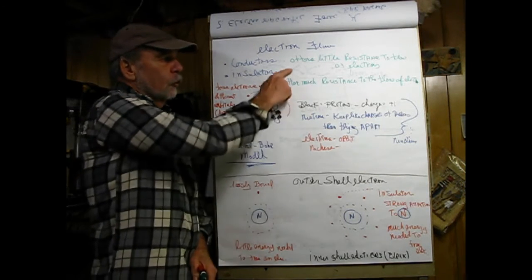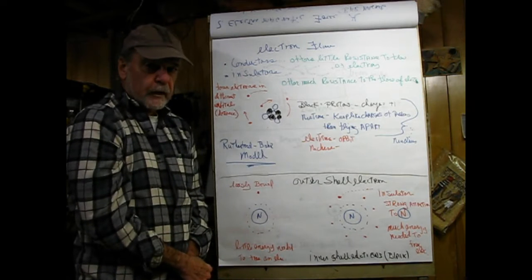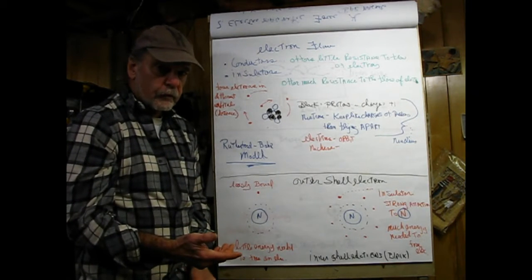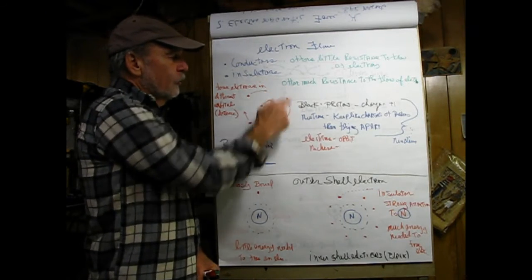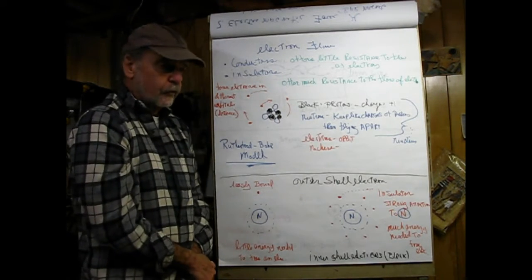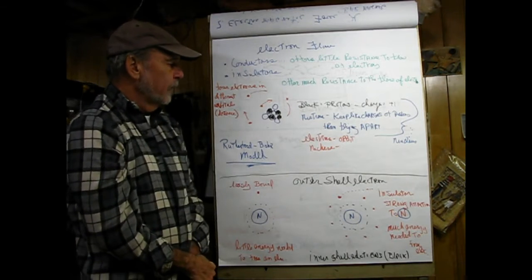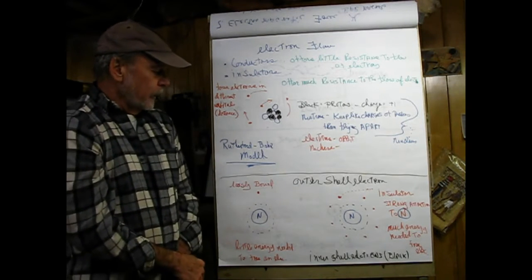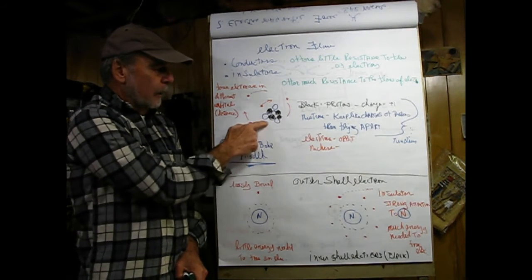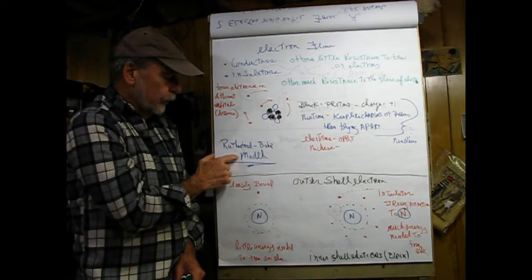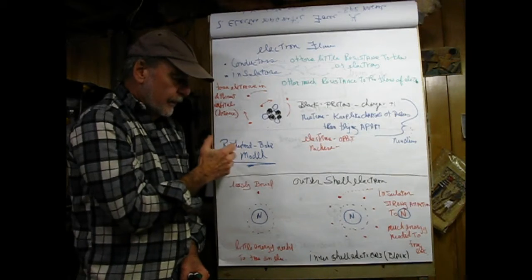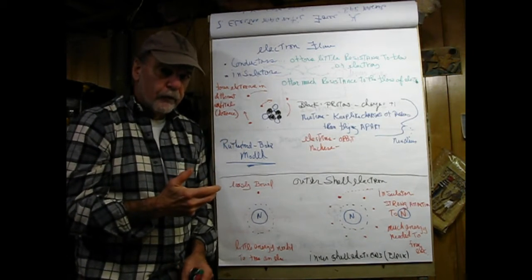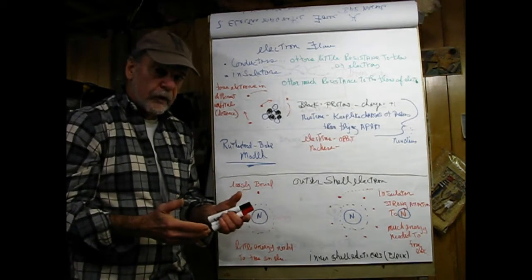So a conductor offers little resistance to the flow of electrons, some resistance, yes, and we're not discussing superconductivity, and insulators offer a lot of resistance to the flow of electrons. Now, if we take a look at the Rutherford Bohr model of an atom, and when I use the word model here, what that means is it's a simplified version of what's usually a complicated arrangement.